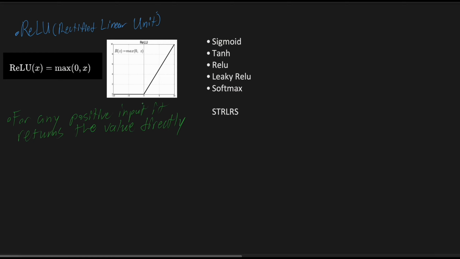ReLU units can be more robust to the vanishing gradient problem, especially for deep networks, because the gradient is either 0 for negative inputs or 1 for positive inputs. Great for binary classification, as usual. And 0 for negative inputs.